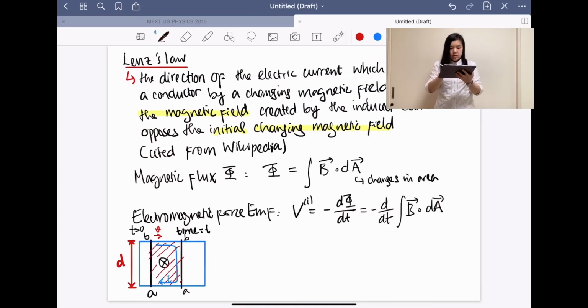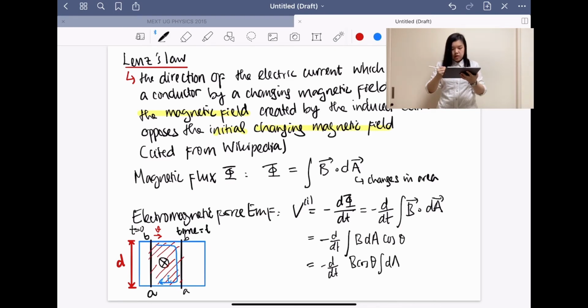Now let's put it into the equation. We have d/dt of the integral of B dA cosine of the angle theta. Now the value of B is constant. The theta is also constant. So we can take them out from the integral. We have d/dt of B cosine theta times the integral of dA. The integral of dA is simply the area. So the area is this.